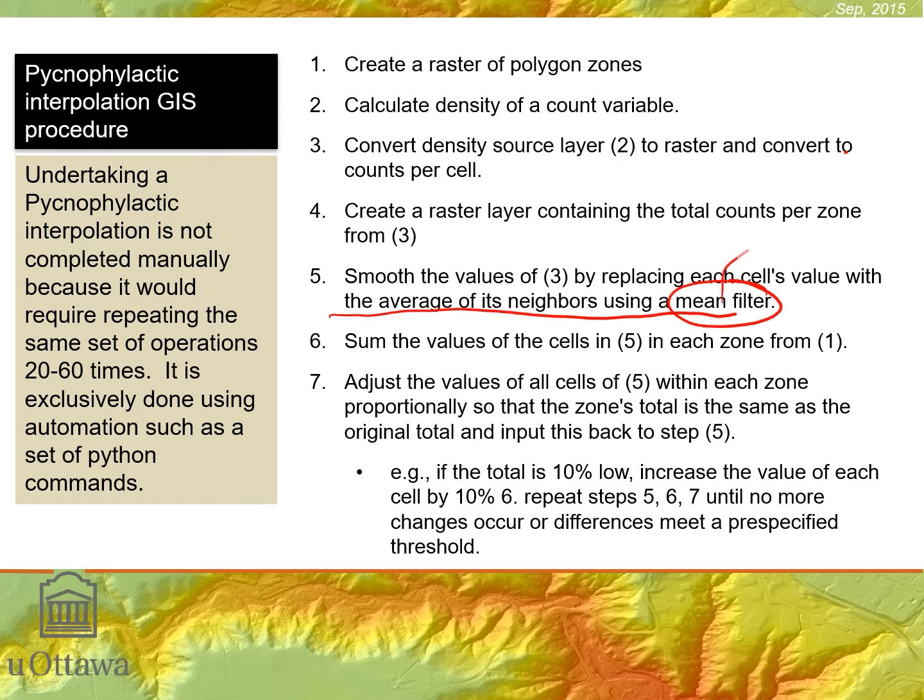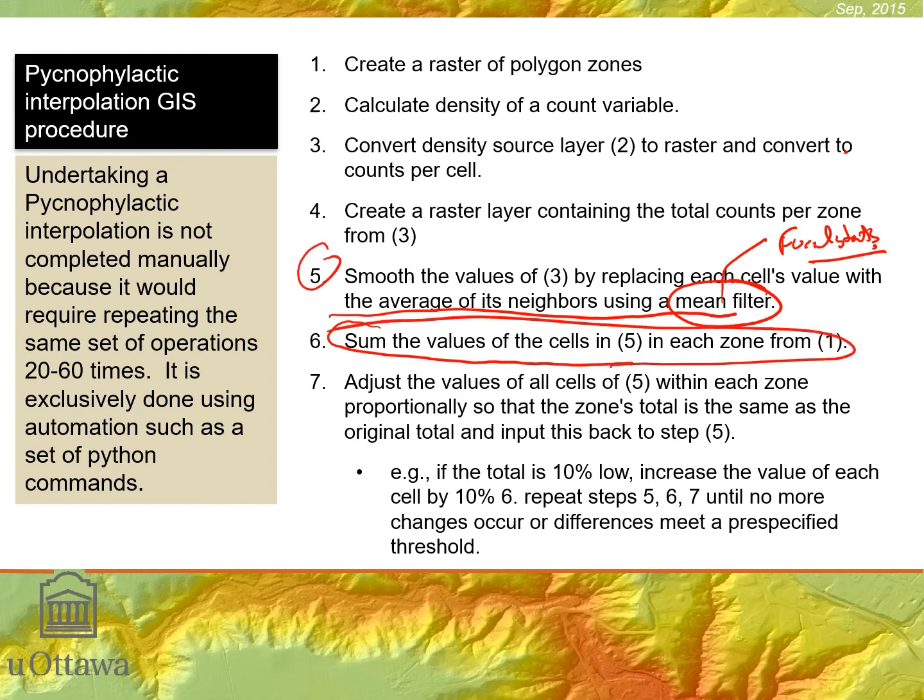So that's neighborhood or focal stats, a focal mean. And then you sum all the values of the cells in each of the zones. And of course, at that point, after doing the mean filter, the sum of the values in each of the zones aren't going to be the same as the original polygons because you smoothed them.